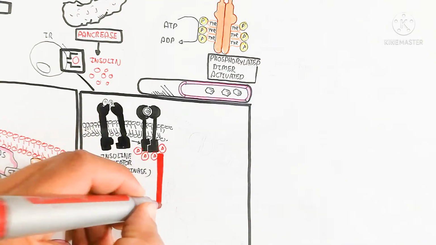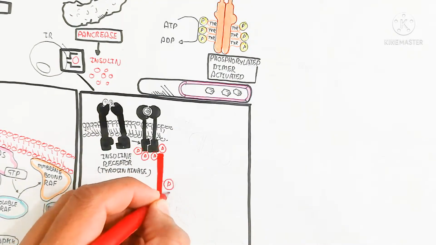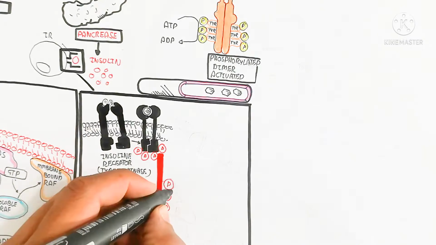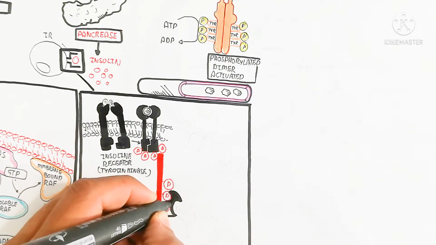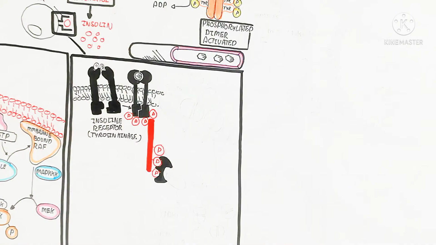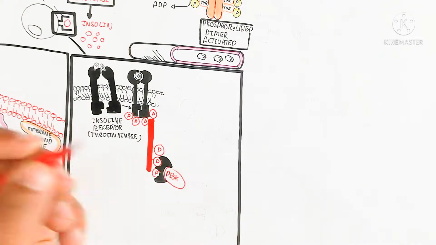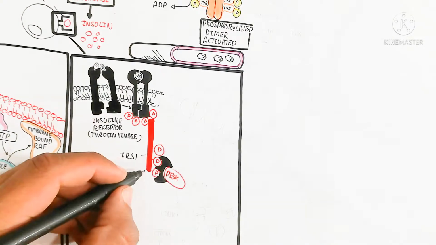So in this way the insulin receptor substrate will be phosphorylated and bind with the phosphoinositide 3 kinase protein.